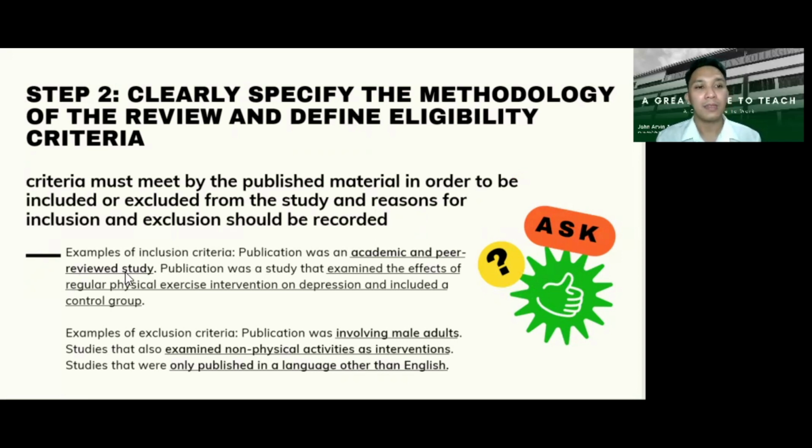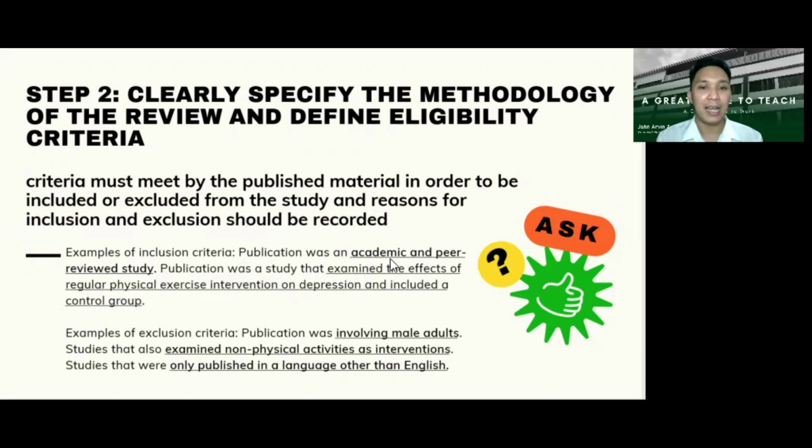Example of inclusion criteria: publication was an academic and peer-reviewed study. Publication was a study that examined the effects of a regular physical exercise intervention on depression and included a control group.